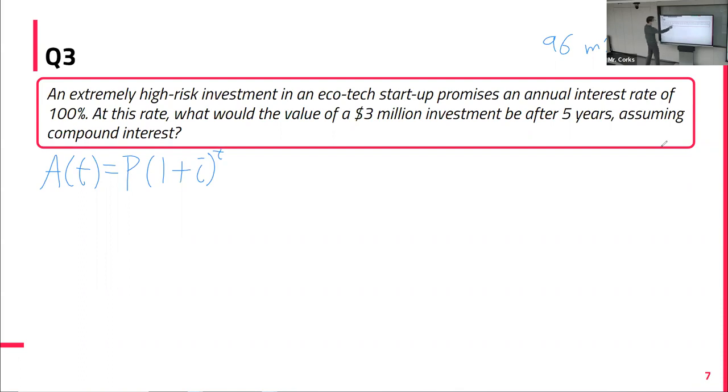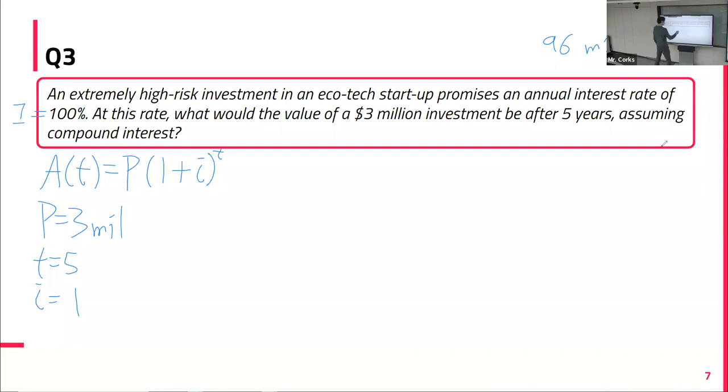All right, so we're given a principal of 3 million and t of 5 years. What is our interest rate as a decimal? Okay, 1. 100%, that is equal to just 1.